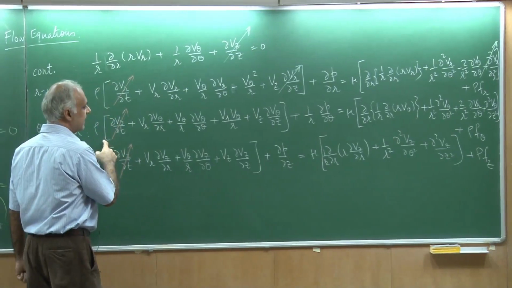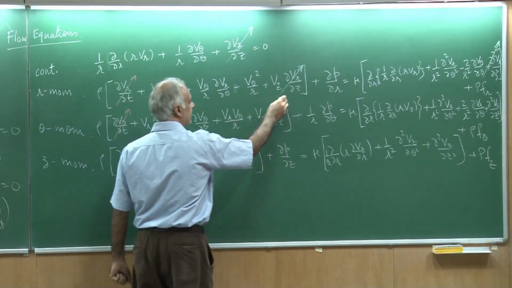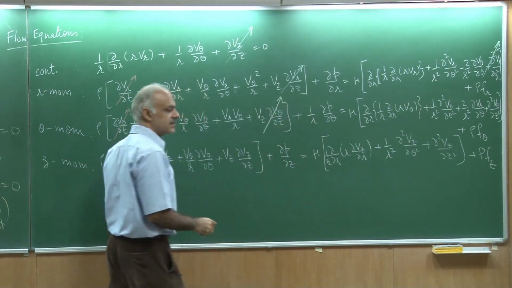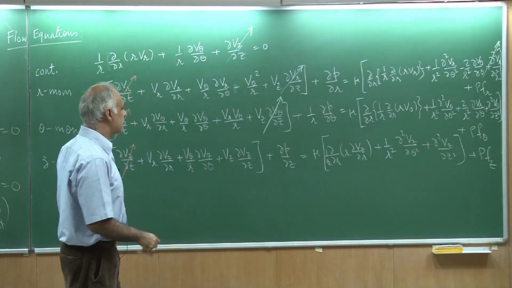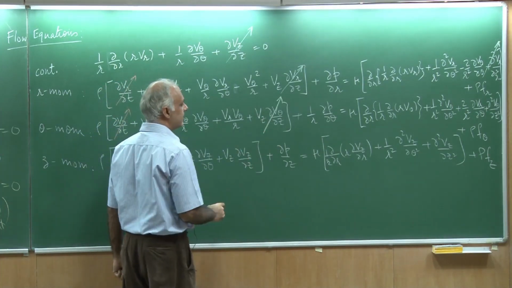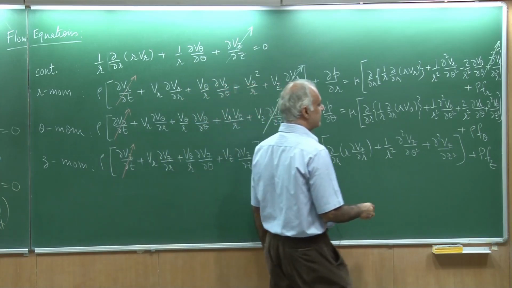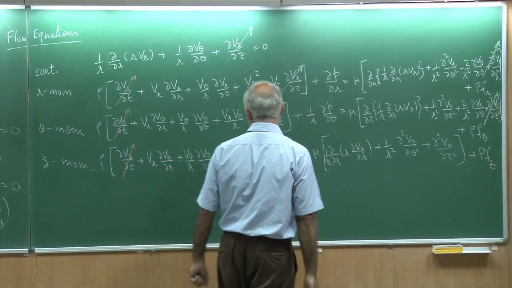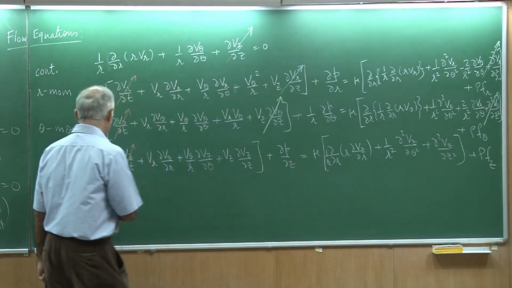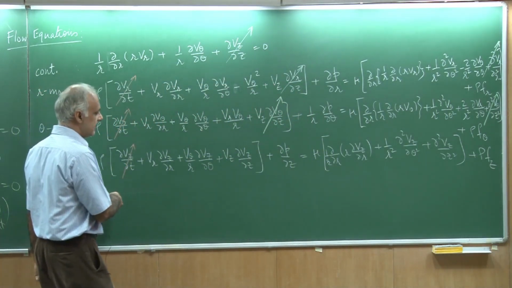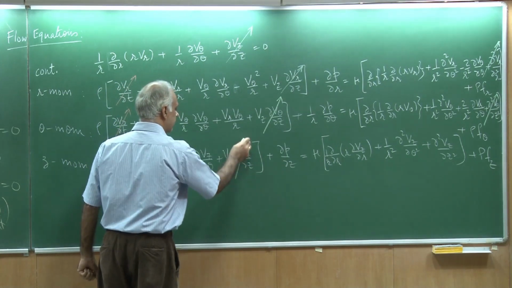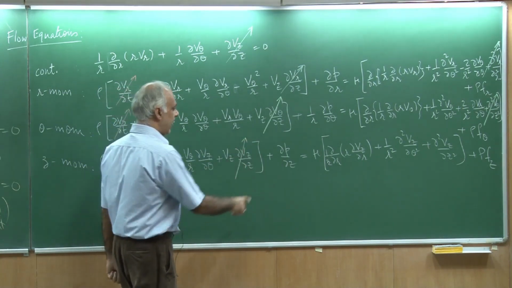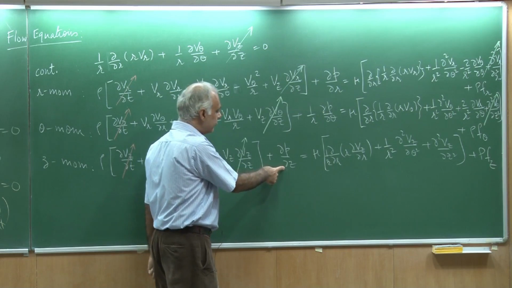Now I come to the second equation, and again here this term goes away because this is fully developed, so there is no z derivative, and similarly this term would go away. When I come to the z momentum equation, then this term would go away. Okay, I cannot really strike off this term.